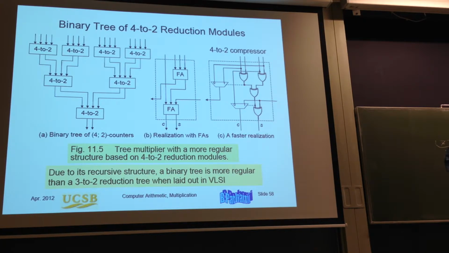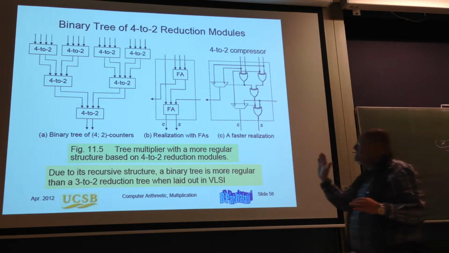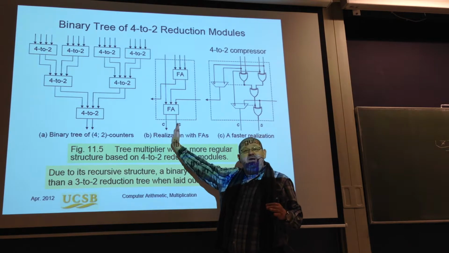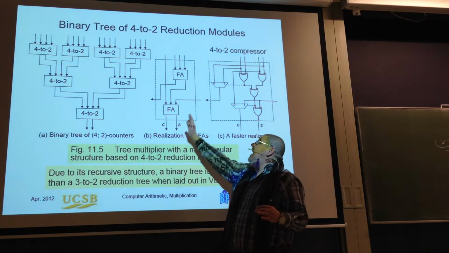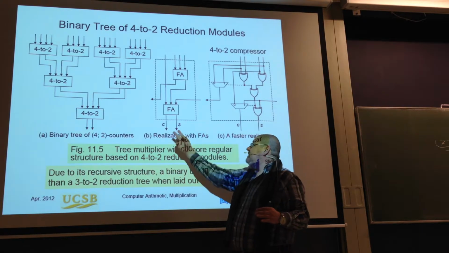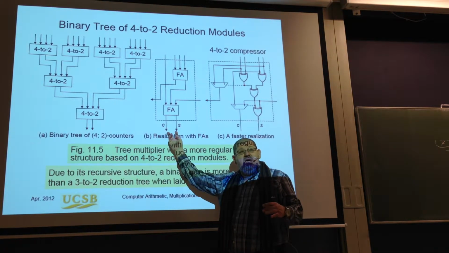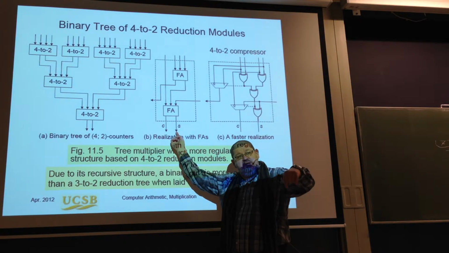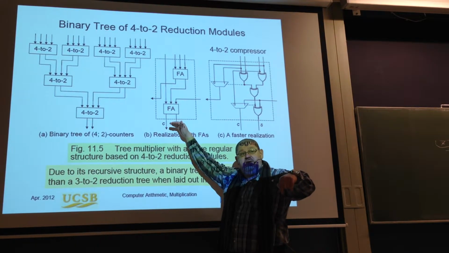And we were discussing n to 2 counters with this nice example, which is the 4 to 2 counter. Here I see two realizations. This one is based on full adders. I'm taking 4 inputs and generating 2 outputs, 1 for my position and a carry for the next position at the end of the calculation.